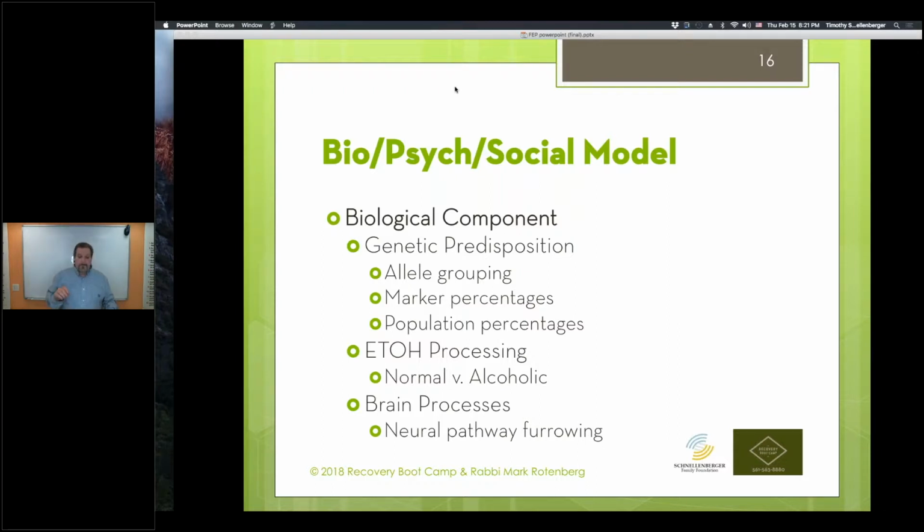What we know from the Human Genome Project, which has been collecting genetic samples for years and has been at the front of understanding this, is that about 15% of the world's population qualifies with at least 4 of these 7 genetic markers to put them into what is called a predisposed category. So 15% of the world's population has a higher probability to become an active addict or alcoholic.